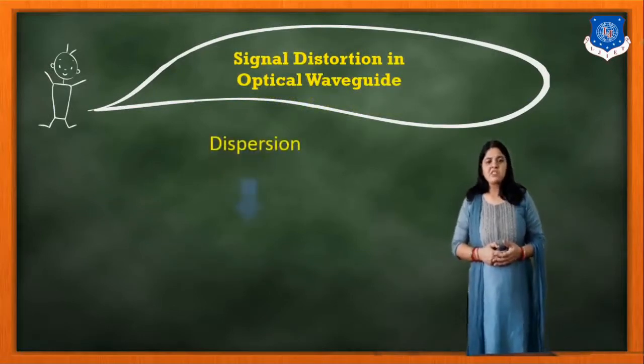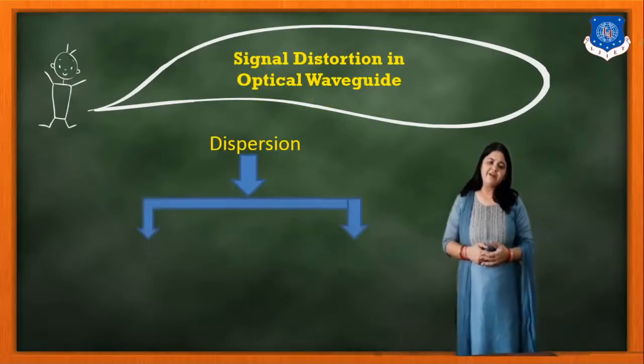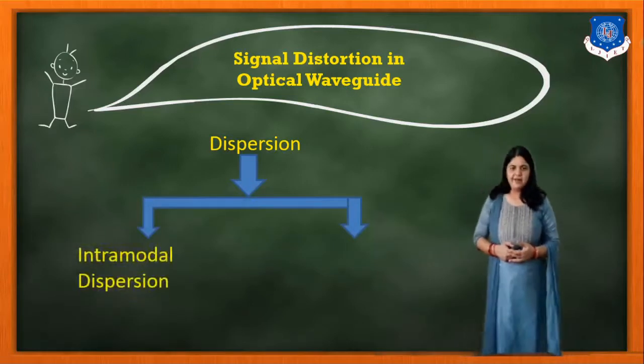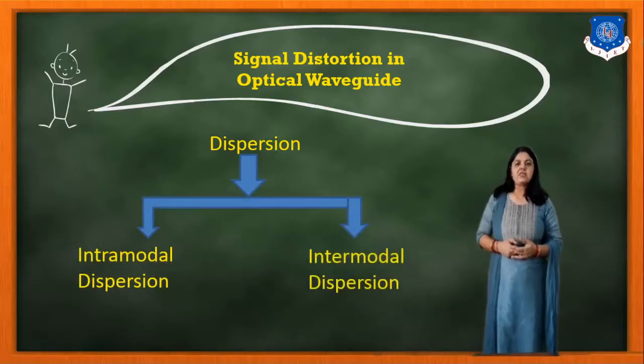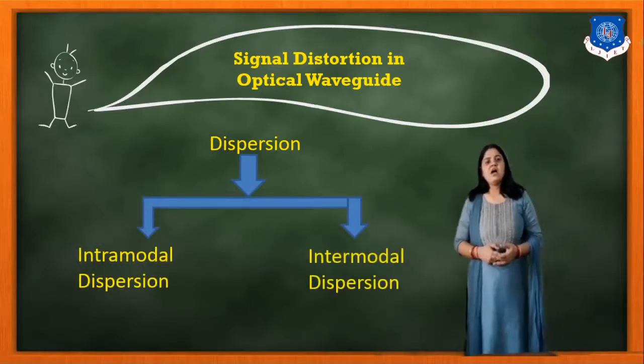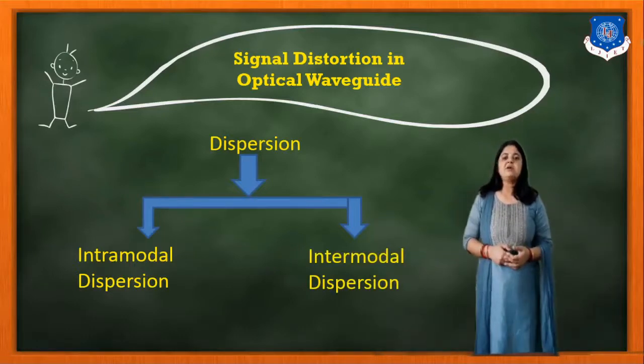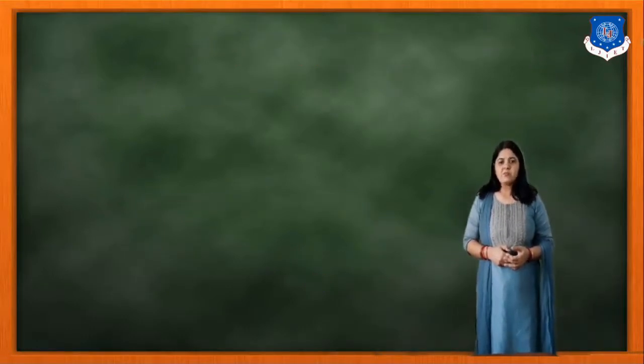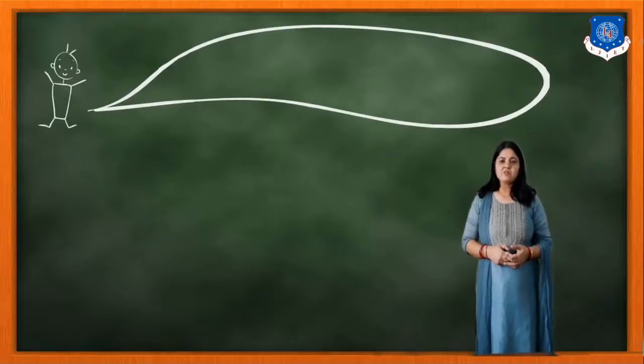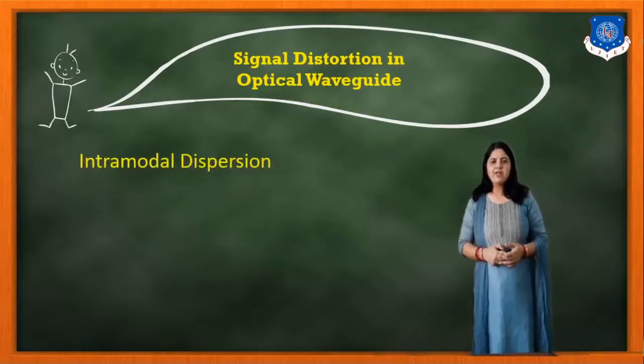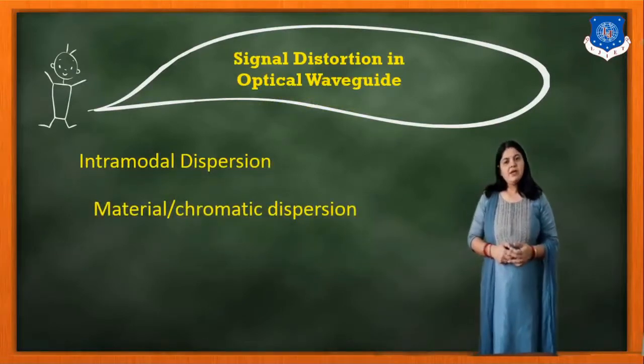The dispersion can also be divided into two broad categories. One is known as intramodal dispersion, another one is referred to as intermodal dispersion.